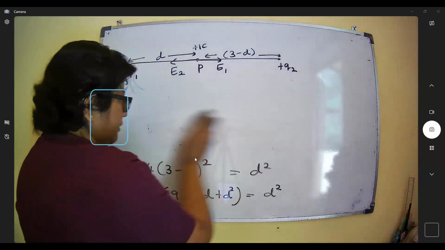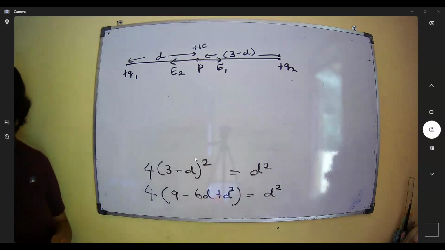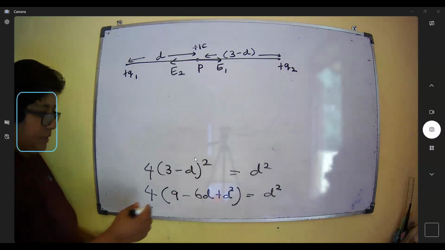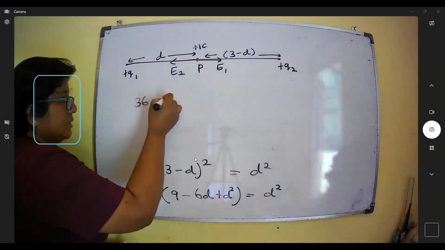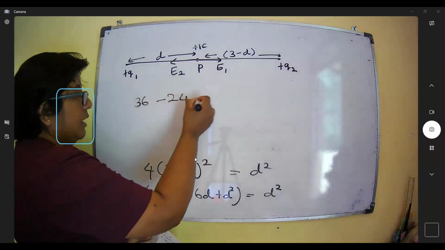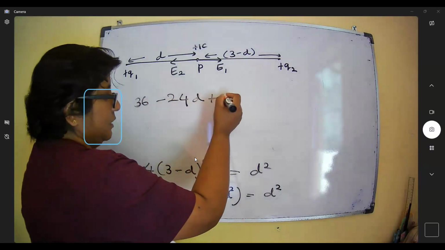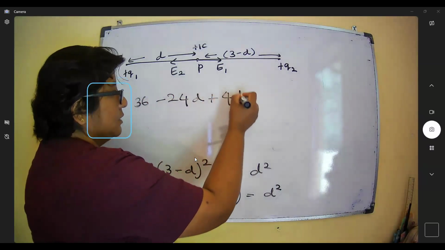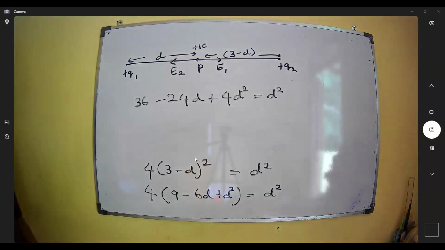Now we can solve the equation. This is the quadratic equation. Then there are two values for D. Then we can remove the bracket. 36 minus 24D plus 4D squared is equal D squared. Then we can take D squared to this side.